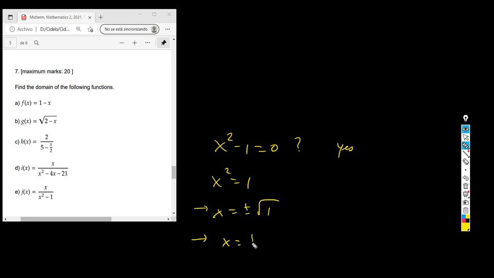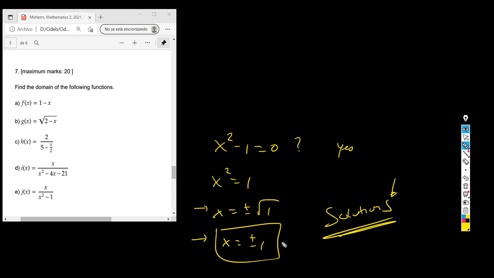Let me erase the whole thing. Can this denominator be equal to 0? Yes. It's pretty obvious, right? Try to solve the equation, and you will see that the solutions, in plural, will be plus 1 and minus 1.